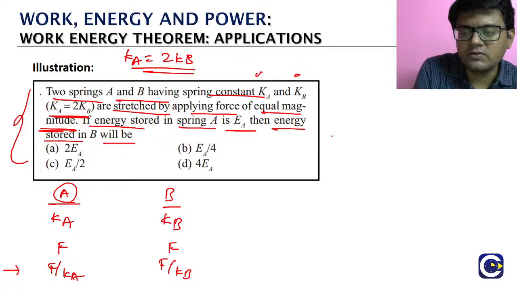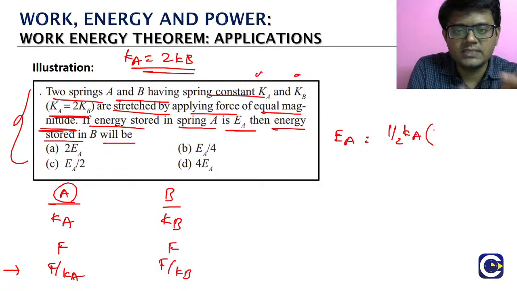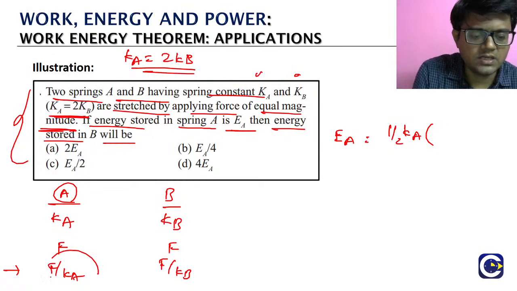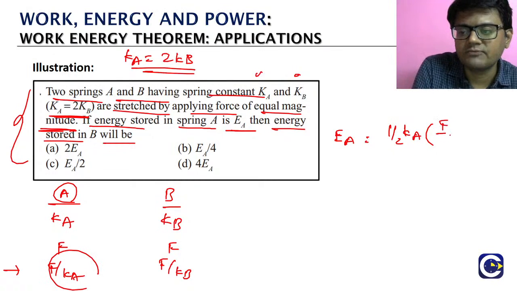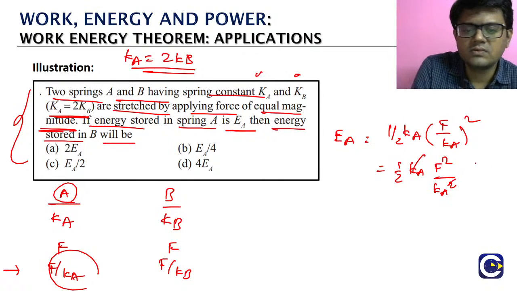So Ea is half Ka into the elongation squared. The elongation is F by Ka, so Ea is half Ka into F square by Ka square, which comes as half F square by Ka.